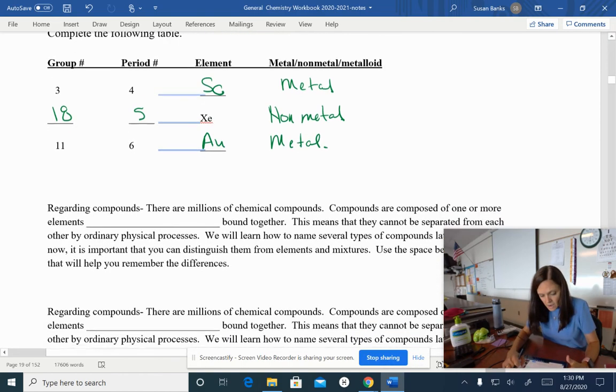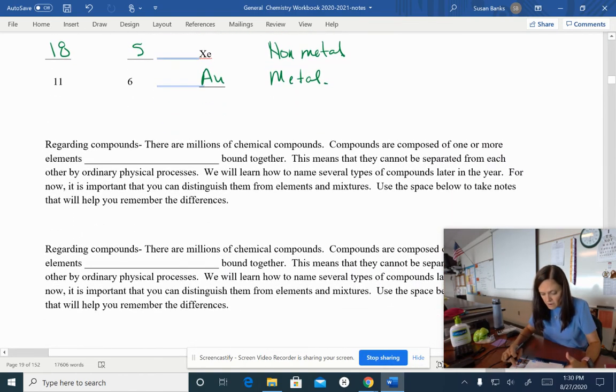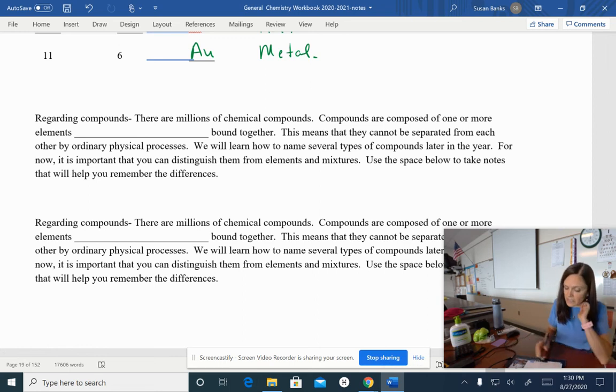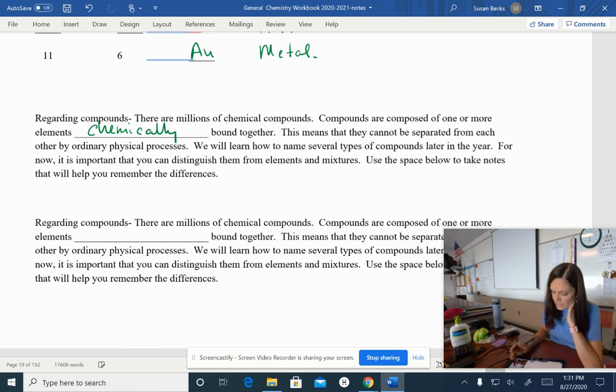All right, regarding compounds, there are millions and millions of chemical compounds. Compounds are composed of one or more elements that are chemically bound together. That means that they cannot be separated from each other by ordinary physical processes.